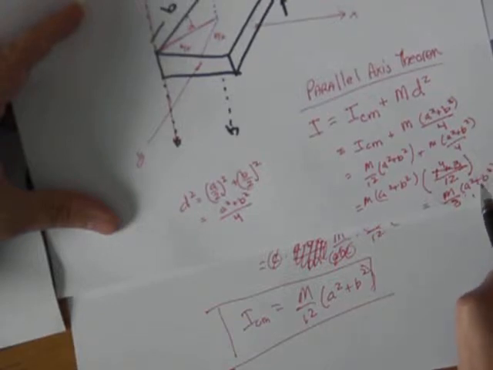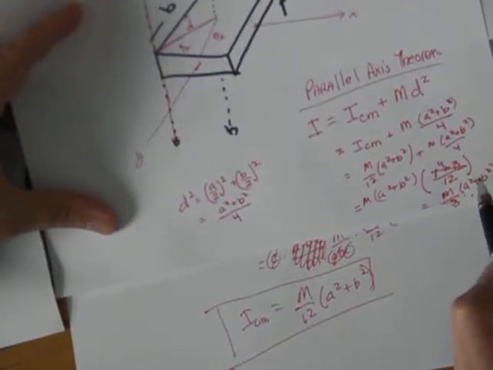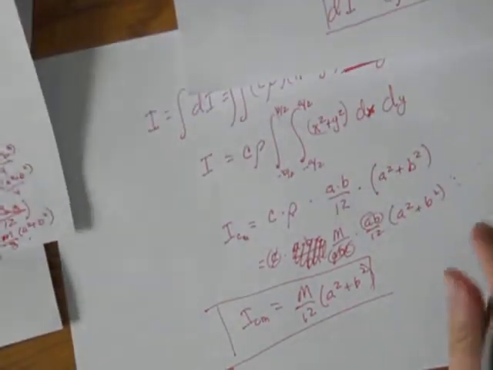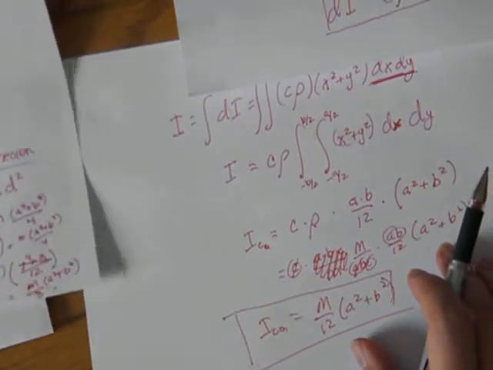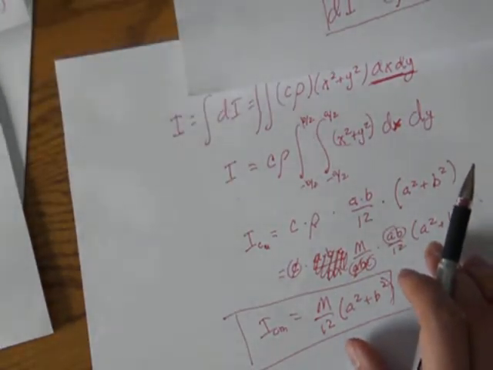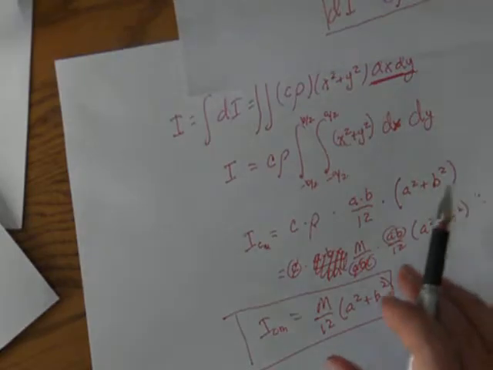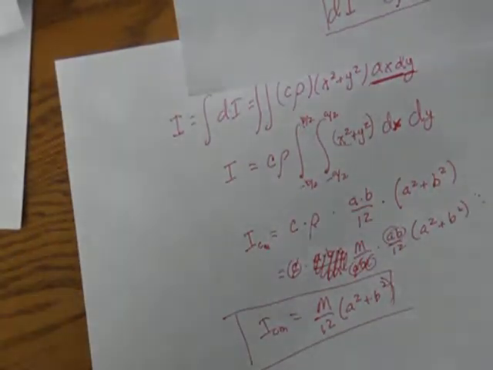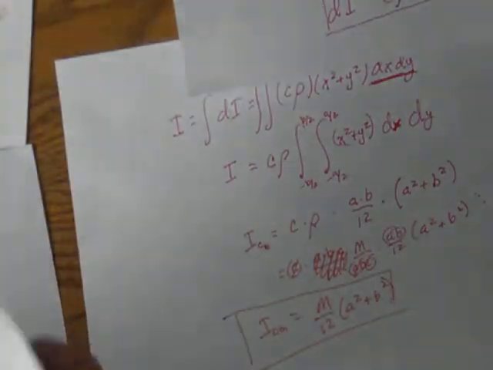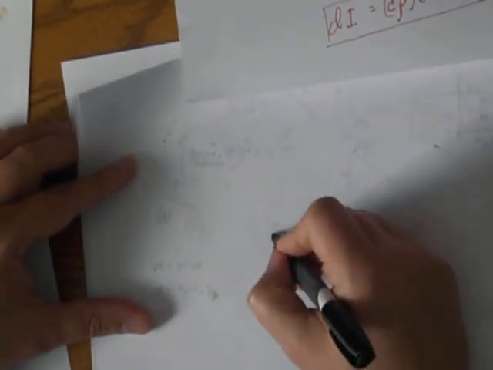Now, we could actually derive this from scratch and show that it should be equal. So let's try it. Let's get some paper here and redraw this. So we have our slab.